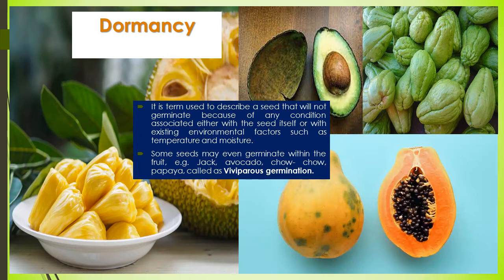Some seeds may even germinate within the fruit, for example in jack, avocado, and papaya. When seeds germinate within the fruit, this type of germination is called viviparous germination.